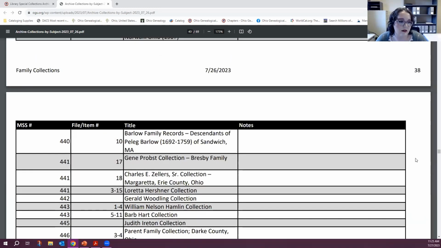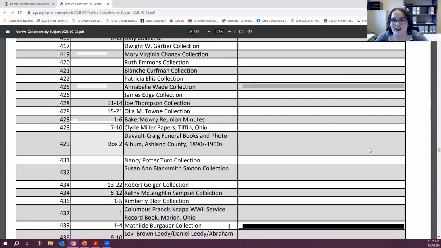All right, so in this 69-page document, how do you find your specific surname? Probably the easiest way to look for surnames in a document like this is a keyboard command. If you're on a Windows computer, it is Control F, and it'll bring up a little search box here. If you're on a Mac, it's Command F, but it's the same function of bringing up this little search box.